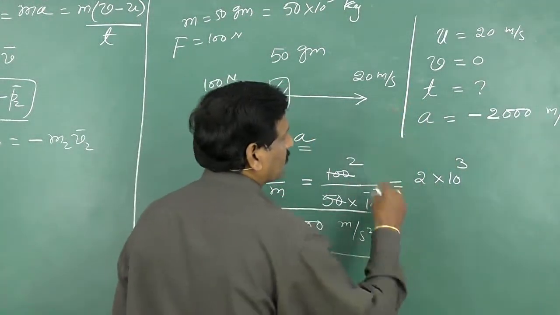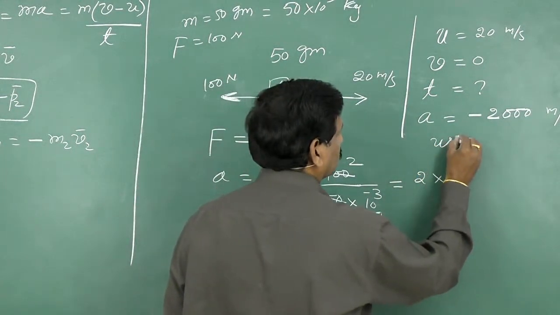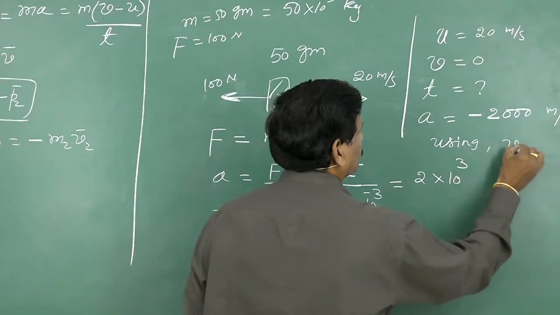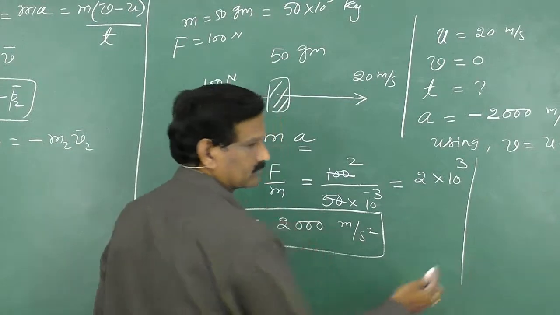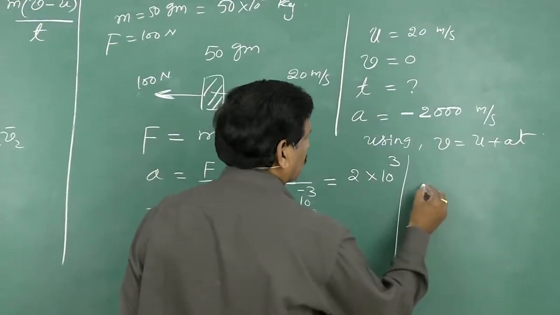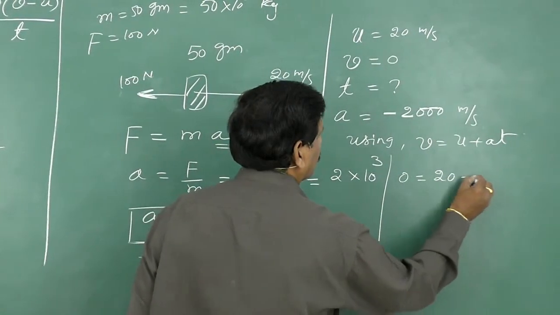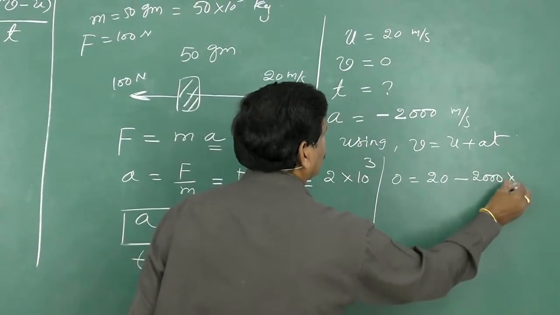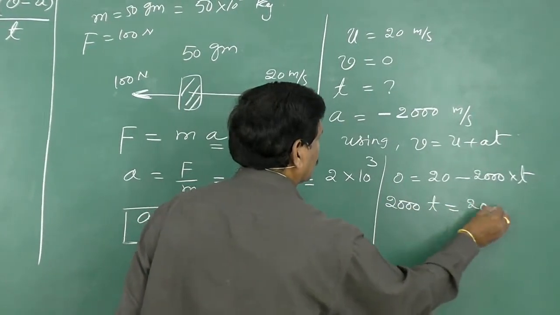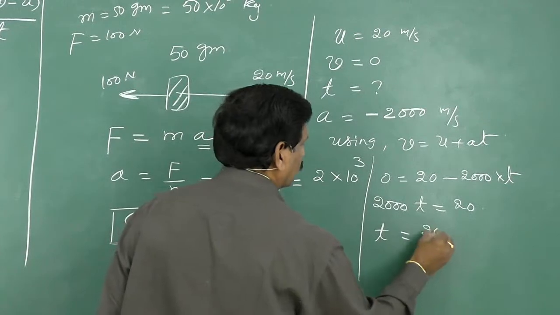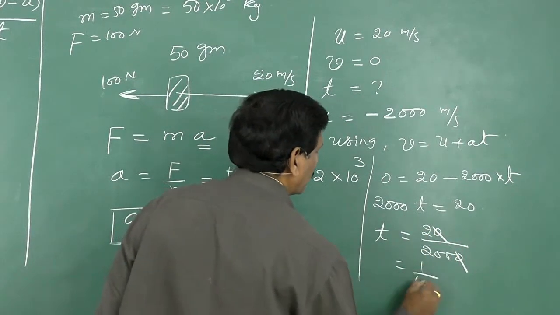We have to calculate T. The formula to be used here is the kinematic equation V is equal to U plus AT. Then V is 0, so 0 is equal to 20 minus 2000 into T. Then 2000 T is equal to 20, then T is equal to 20 by 2000, which is 1 by 100.